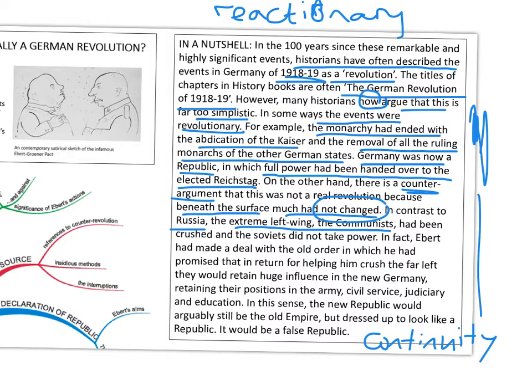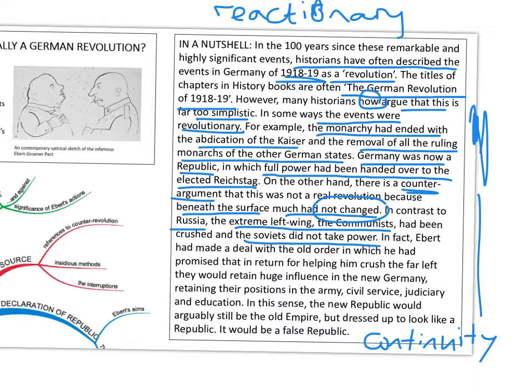The German communists were crushed. The Spartacists were put down. And of course, what the communists wanted to happen in Germany was to give power to the workers' councils, as had happened in Russia a year earlier, and create a communist state. Well, that didn't happen. The Soviets did not take power. They were crushed.